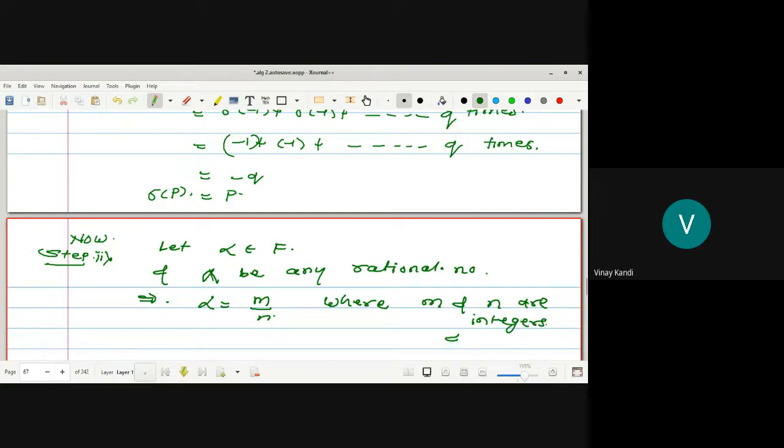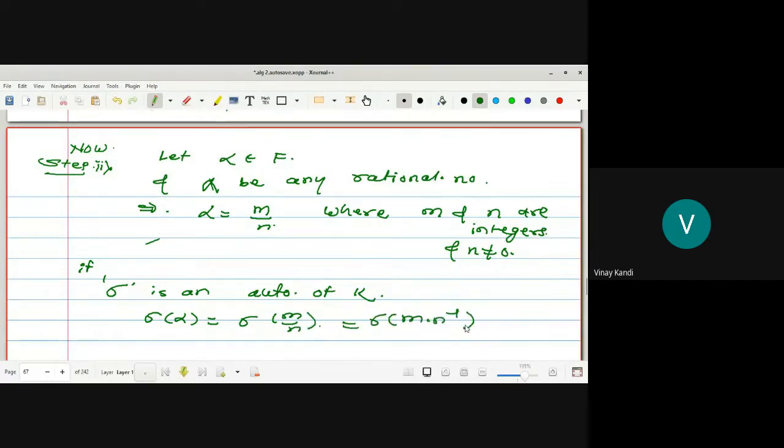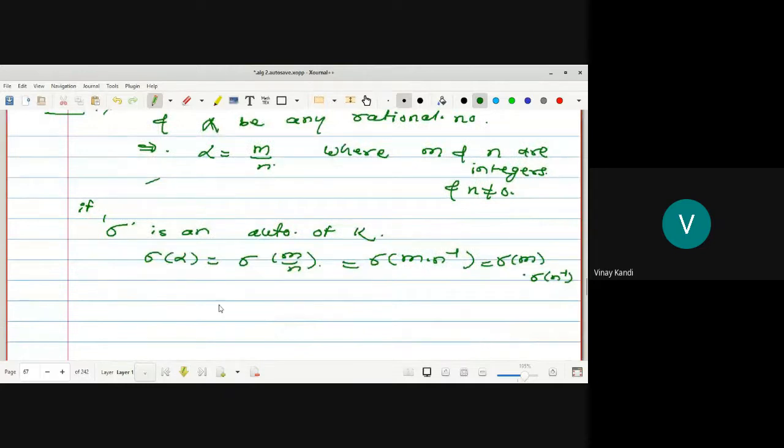This is the definition of a rational number. Okay, so if sigma is an automorphism of capital K, we have sigma of alpha is equal to sigma of m upon n, which is equal to sigma of m into n inverse, which is equal to sigma of m into sigma of n inverse, which is equal to sigma of m into sigma of n, bracket inverse.